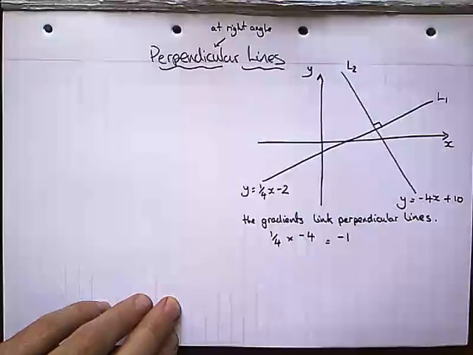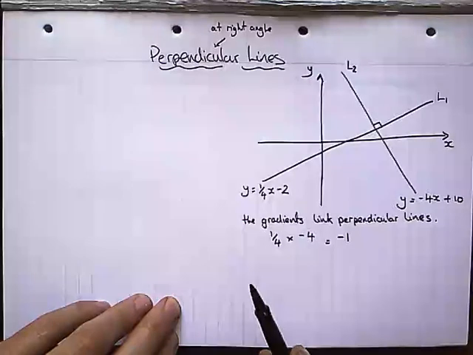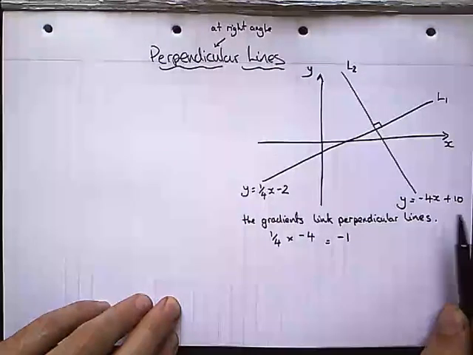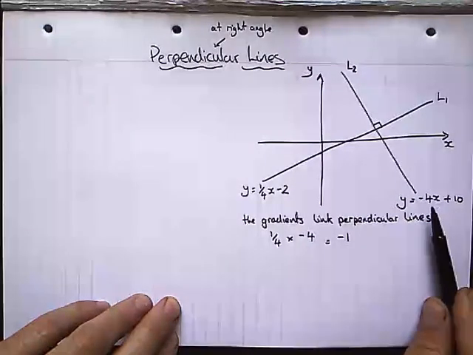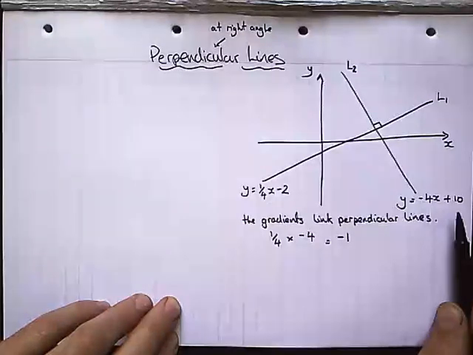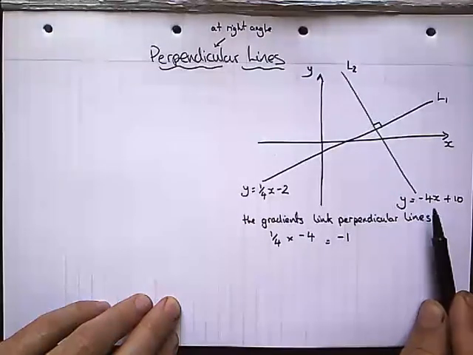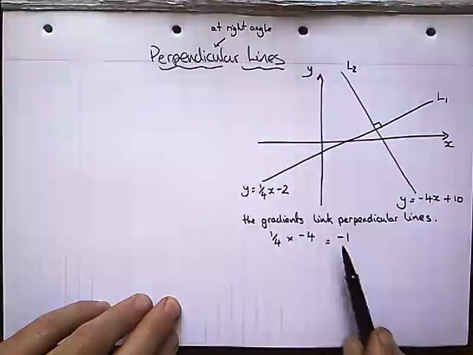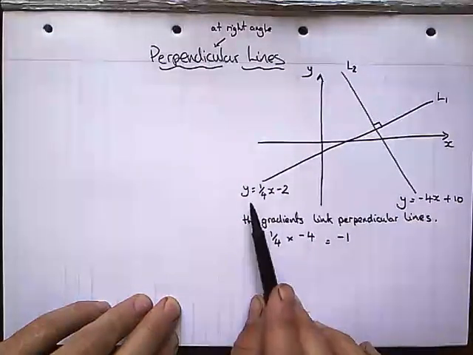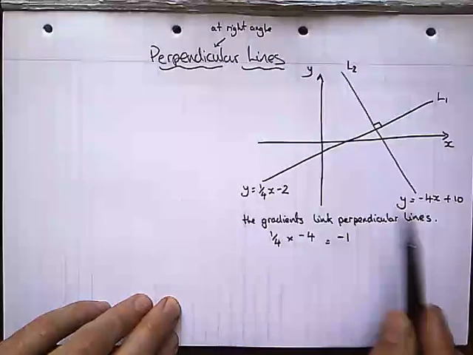So that's one way of getting the gradient for the other perpendicular line. If you've been given the equation or just the gradient, you don't need the y-intercept, you just need the gradient. So you just divide -1 by the gradient and you would get the other gradient, or the other way around, it doesn't really matter.